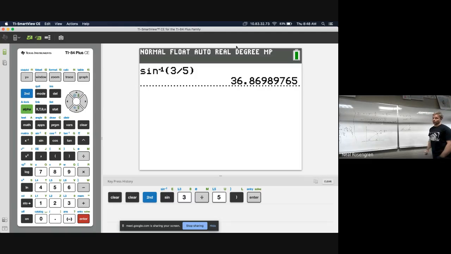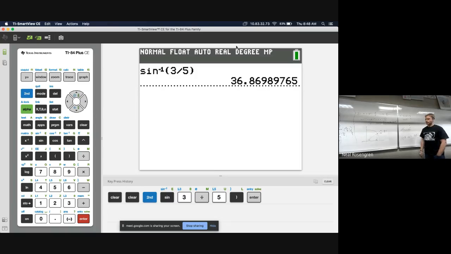So maybe you remember a nice series of letters that help us understand what sine means in a right triangle, what cosine means, and what tangent means. Maybe you remember from geometry: SOHCAHTOA.